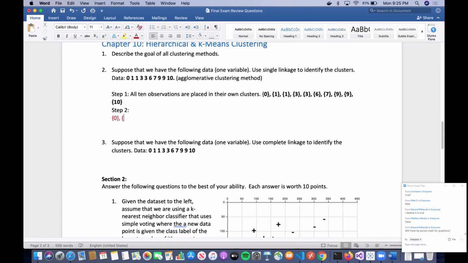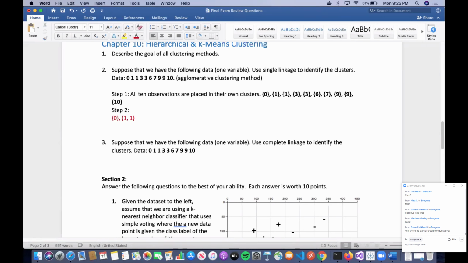So we have 0, and then we have 1 and 1. The reason for that is the distance between 1 and 1 is 0, and the distance between 3 and 3 is 0. But we also have the distance between 9 and 9 is 0.